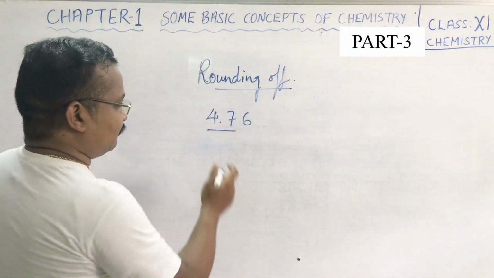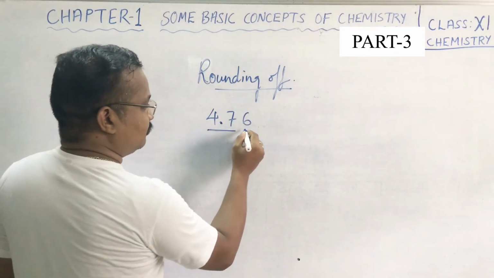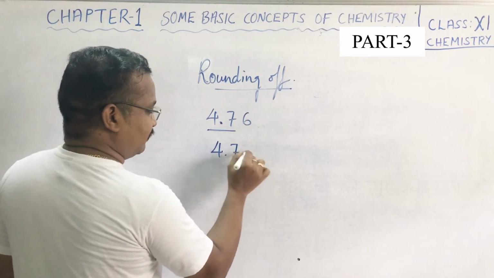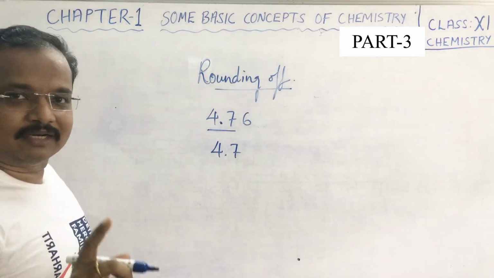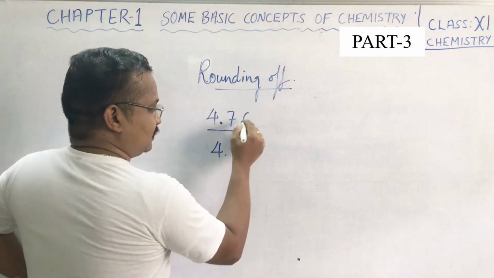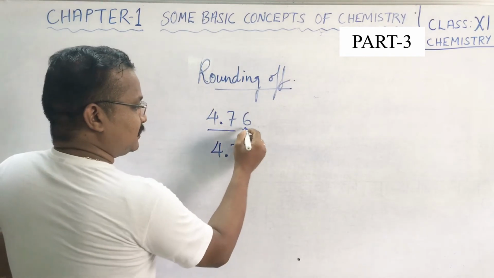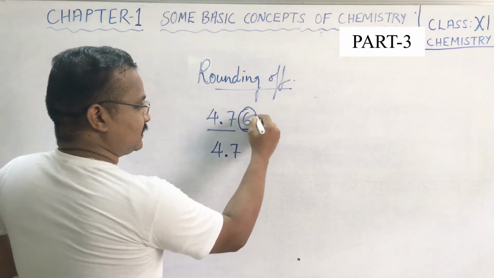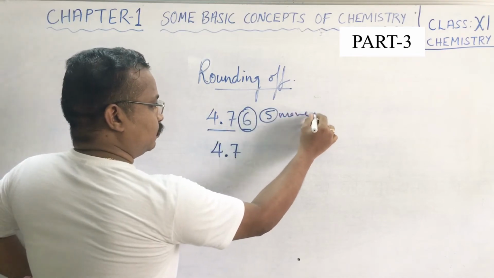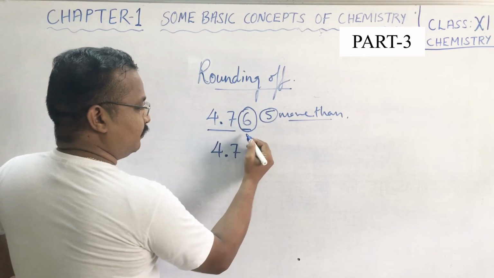After the point you want 1 digit, so you simply write 4.7. But that is not correct. If the next digit is 5 or more than 5, what you have to write?